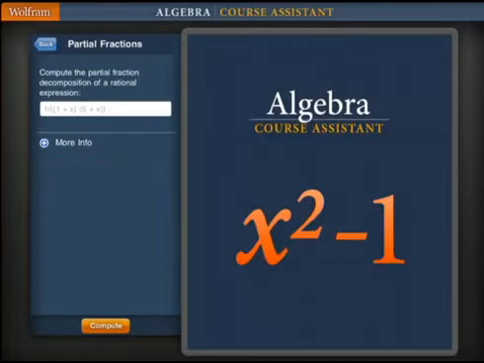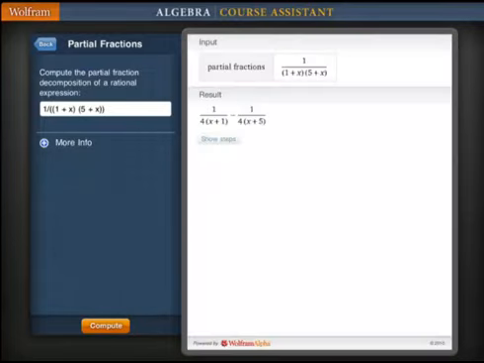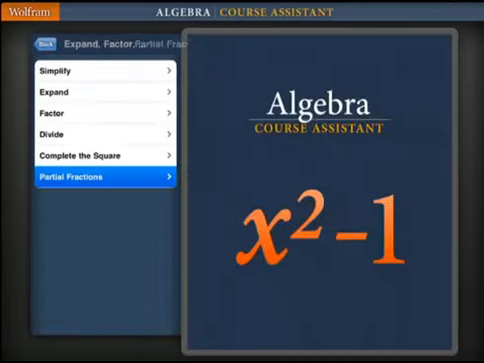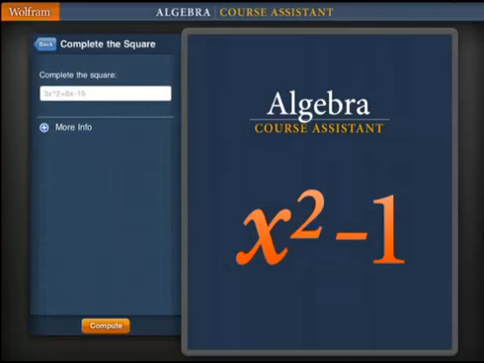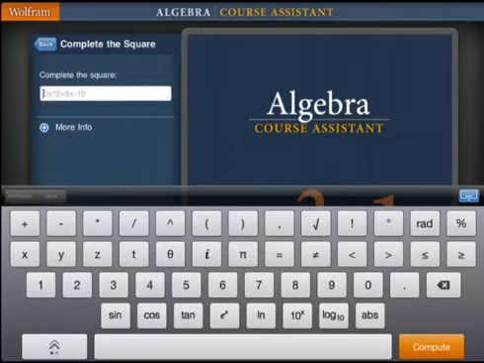Partial fractions works the same way, and you can see how that works as well. Again, you can type in your own variables. These are just some sample variables, but it's easy enough. And things such as the caret for power, that's all available through the keyboard. When necessary, you will see all those different types of functions, square roots, and so forth. So it's not the typical type of keyboard that you would see.